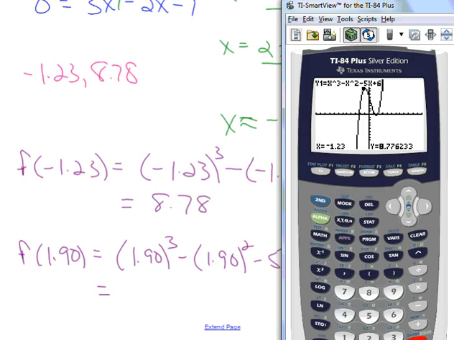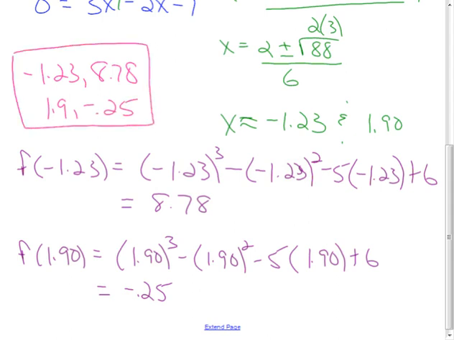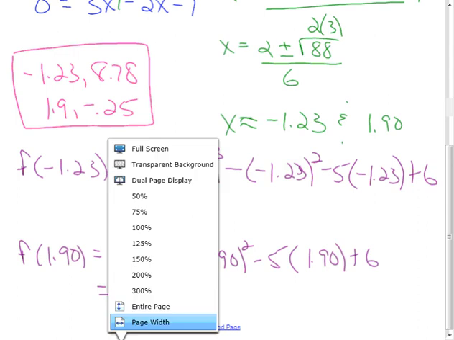But I'm just going to plug that in by hitting my trace button, hitting 1.90, and you see that it's blinking at 1.9, comma, negative 0.25, making my other point 1.9, comma, negative 0.25.